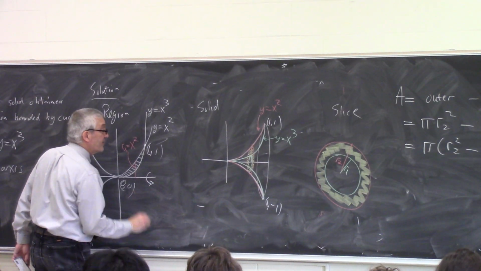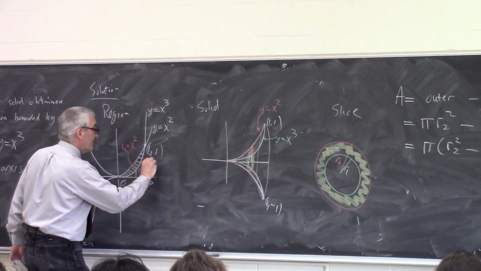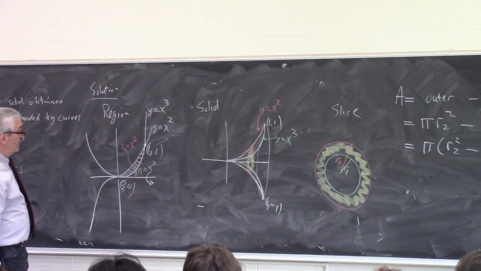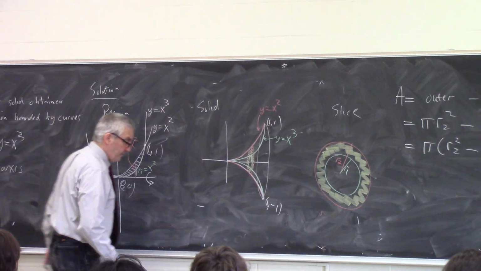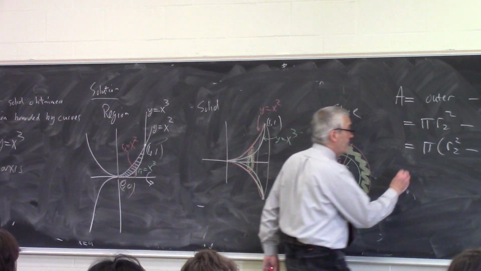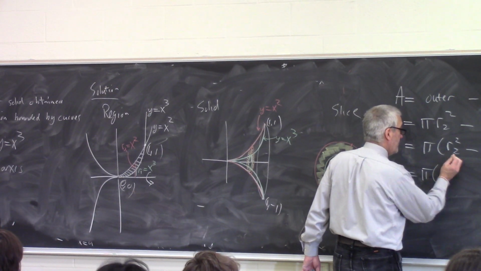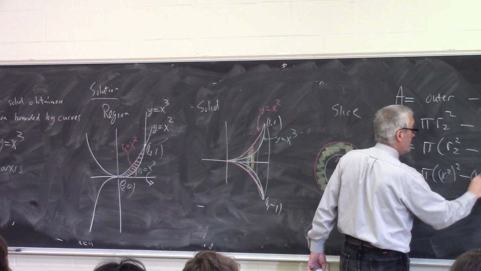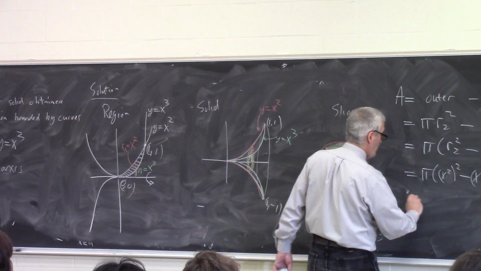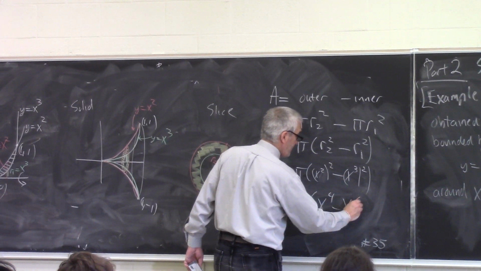Whereas my inner radius, my r1, is going to be down here. It's going to be x cubed. So I'm going to have the area being pi times x squared squared minus x cubed squared. So pi times the quantity x to the fourth minus x to the sixth.